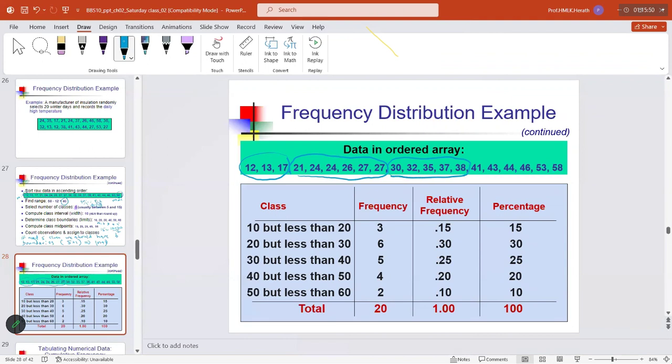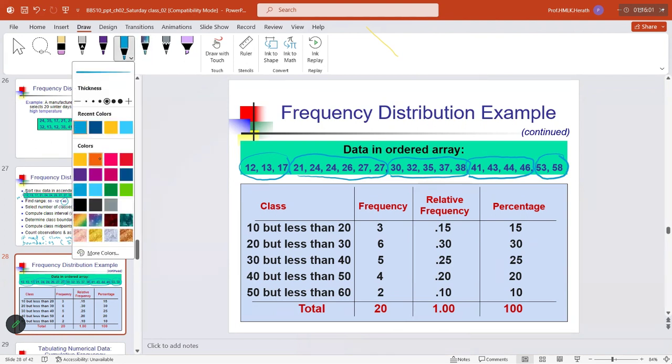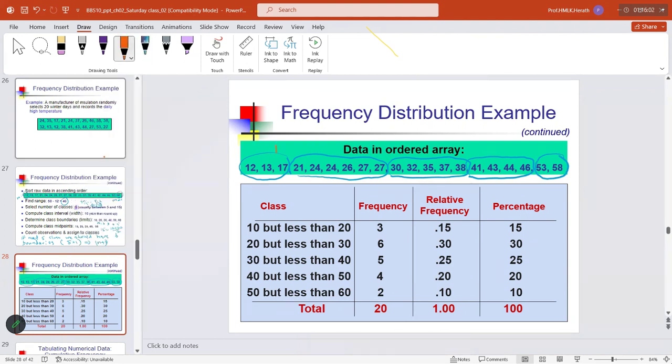And we have 4 things in the fourth class and 2 for the last class, right? So this is first one, second one, third one, fourth one, and fifth one. Now you can see it very clearly, right?